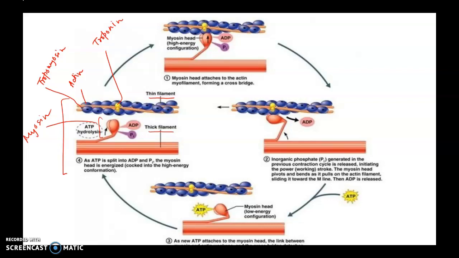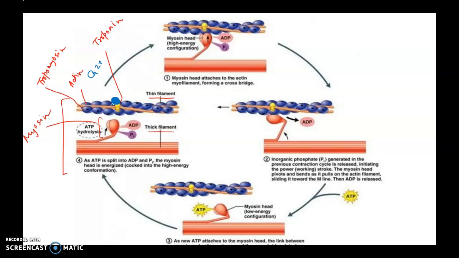Okay, now let's start with calcium. We have calcium now in the sarcoplasm, and calcium comes and binds to the troponin. As calcium binds to troponin, the tropomyosin, which is a rope-like protein, changes shape, undergoing a conformational change.